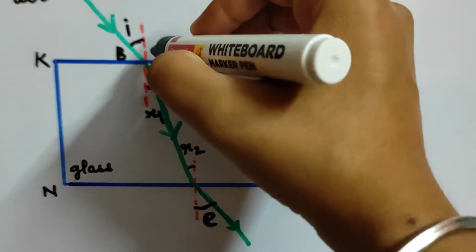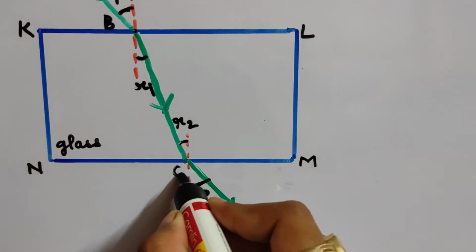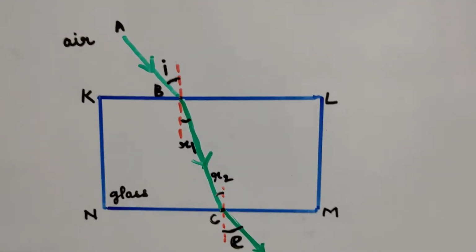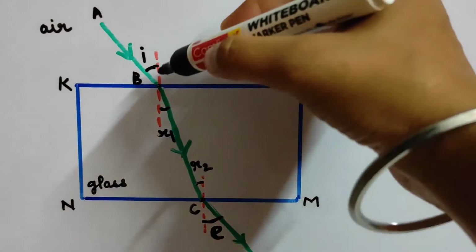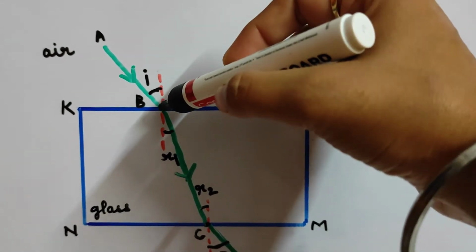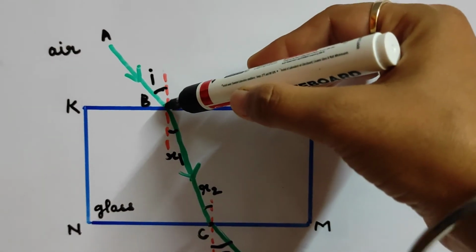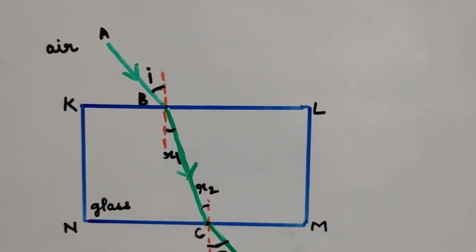Now this ray was AB and this was point B. Now let us say that this is point C and this is D. Fine. So the ray entered through AB and it struck the surface at point B and got refracted at this point B. Fine. Here it bent towards the normal because it is coming from rarer to denser medium.